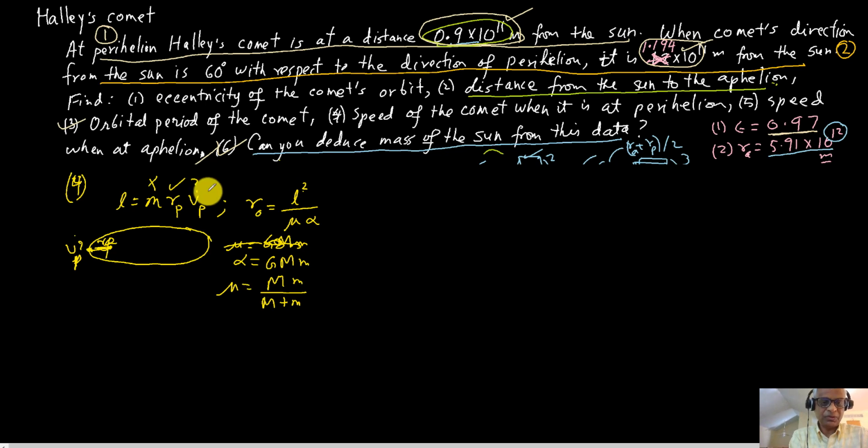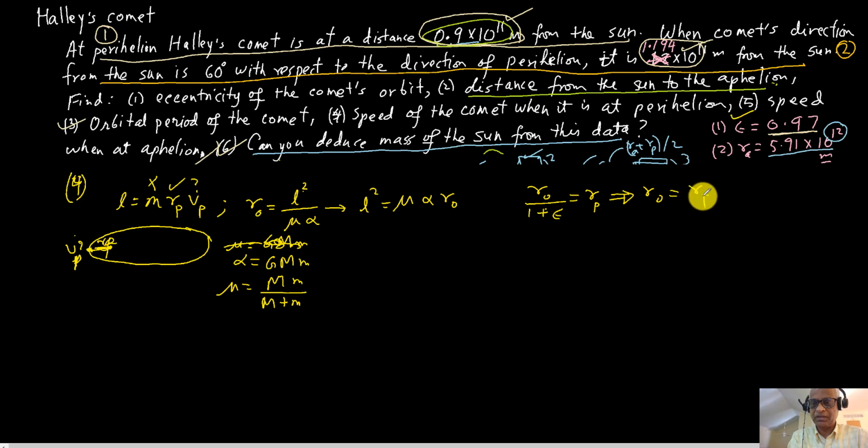Okay, so if I make this L squared, it's going to be mu alpha R0. We don't know R0 yet, but because we know epsilon and we know R_A, we can get it. R0 over 1 plus epsilon is the r perihelion. So I can get R0. R0 is just r_p times 1 plus epsilon. So we can get R0.